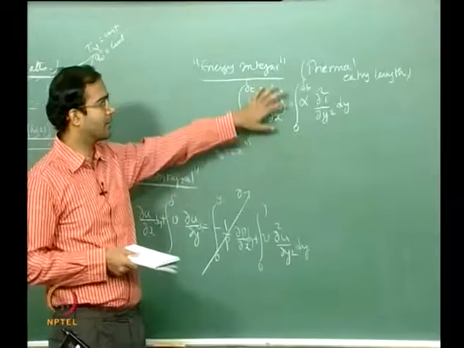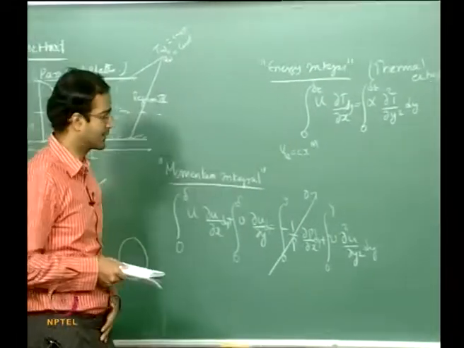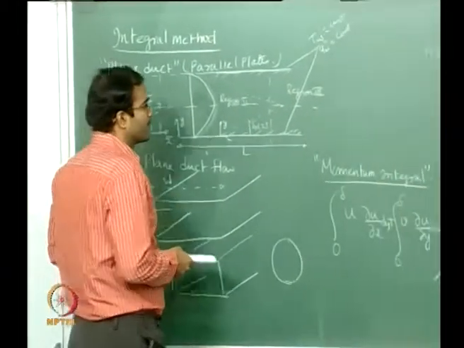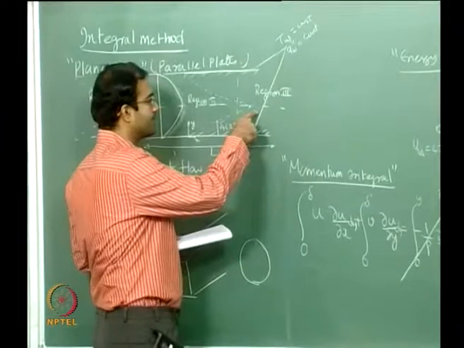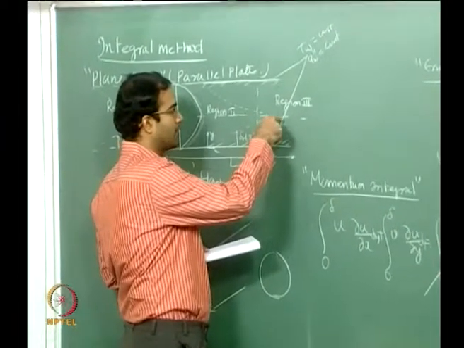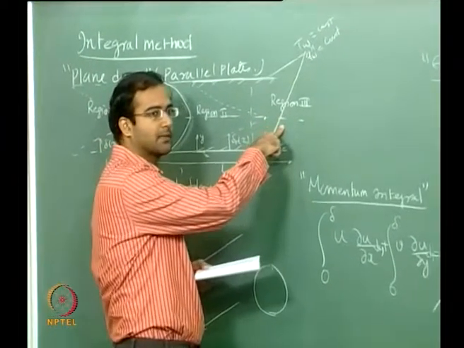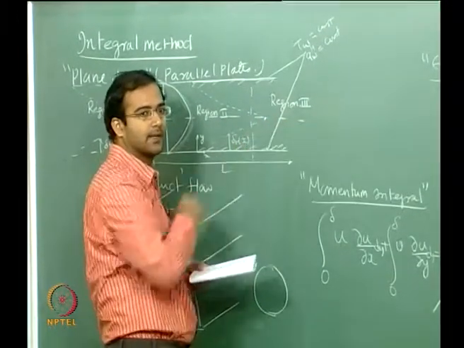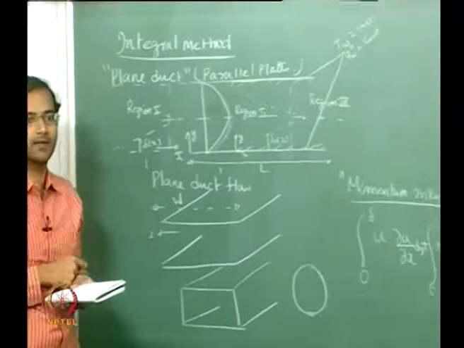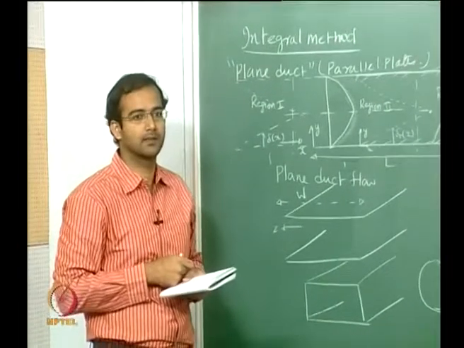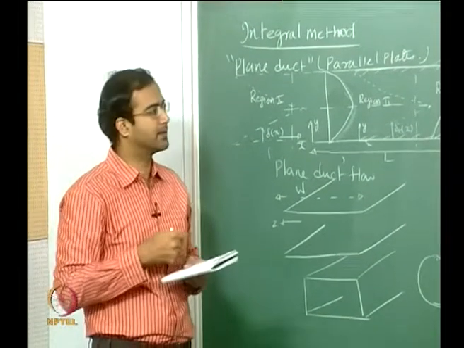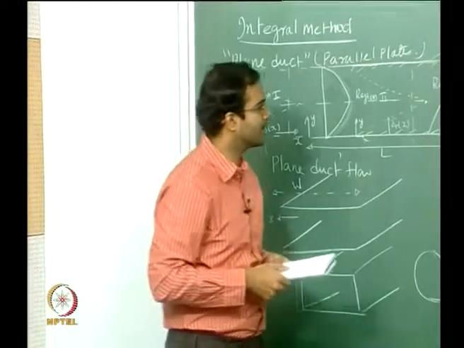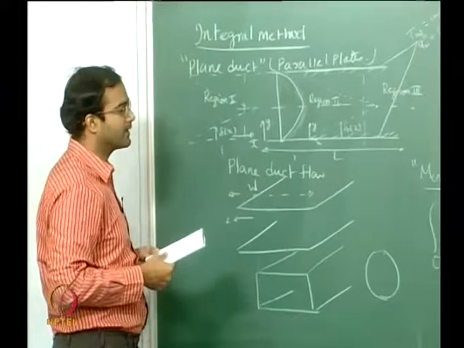So this is perfectly valid as far as the thermal entry length is concerned, and once again you should be careful that you cannot reach the solution of region 3, that is the thermally fully developed region, as an asymptotic solution to the integral method, because the energy integral is not valid in that particular region. So this is what we can say about the integral method.